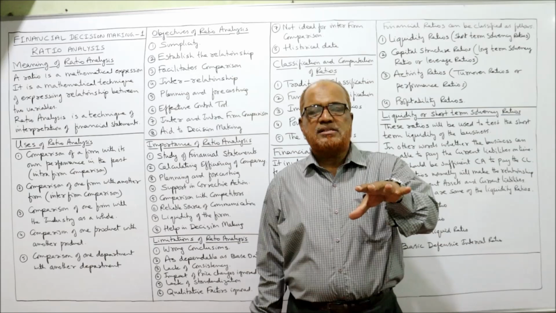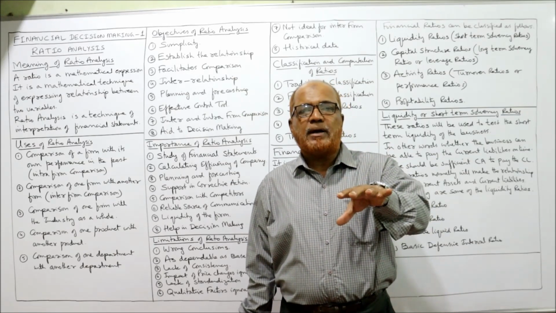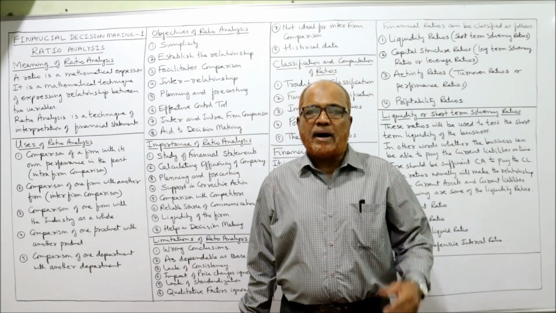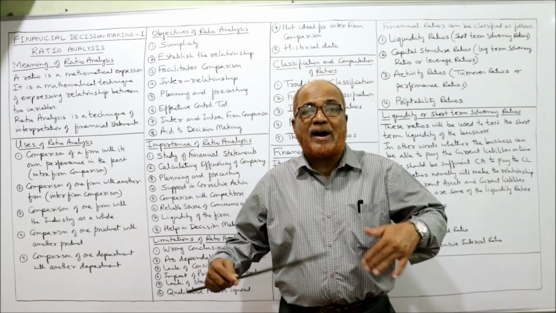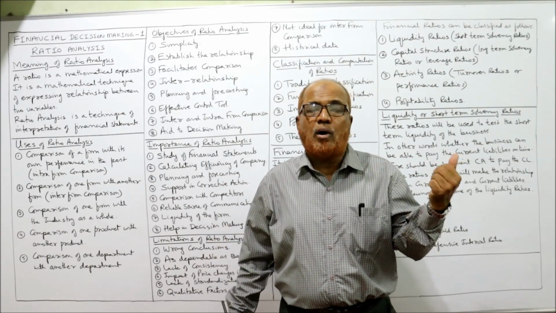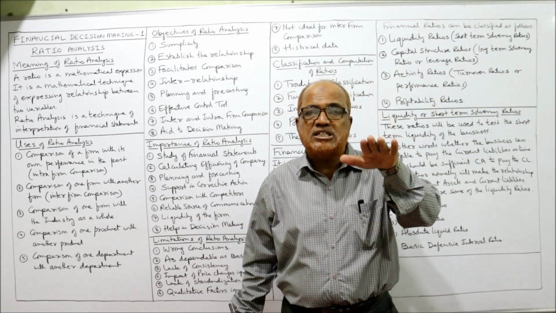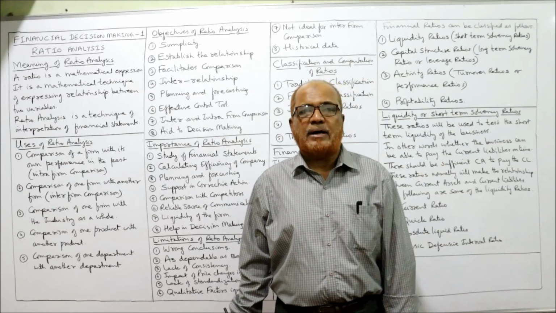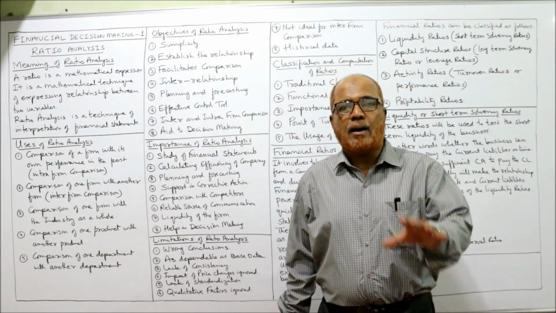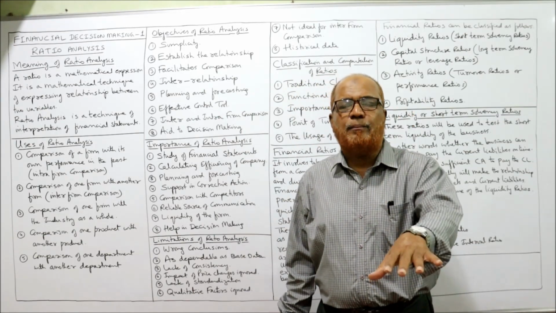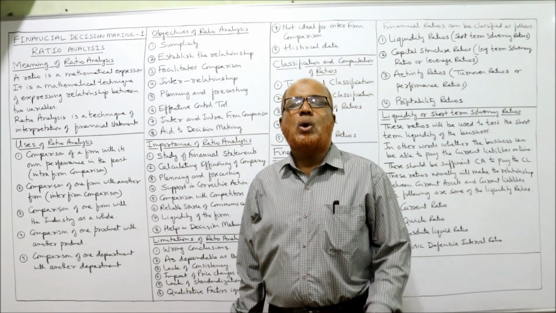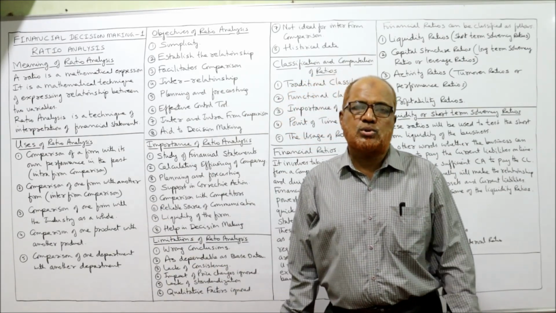A single firm wants to compare its past performance with its present performance to find out whether the current performance is better than the past one or whether the present performance has deteriorated compared to the past. This is called intra-firm comparison. Comparison within the same firm, one year with another year. For making this intra-firm comparison, ratio analysis is widely used.